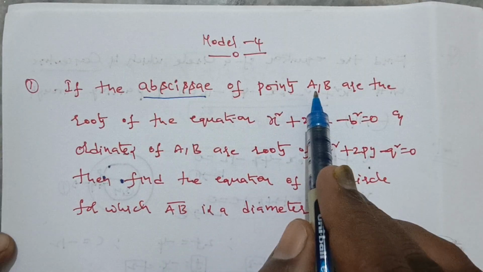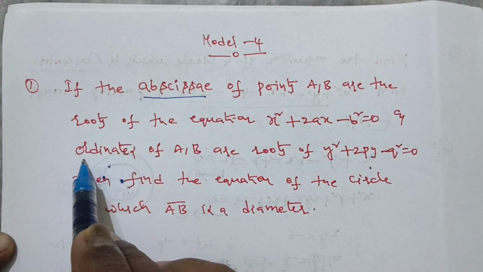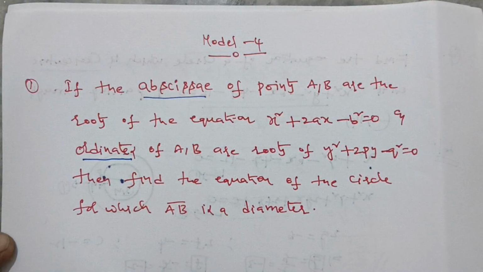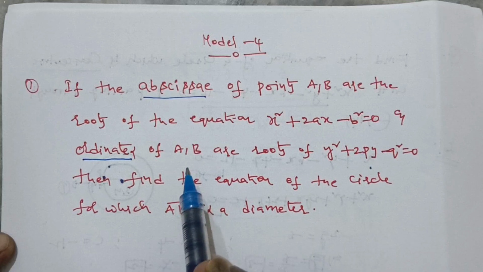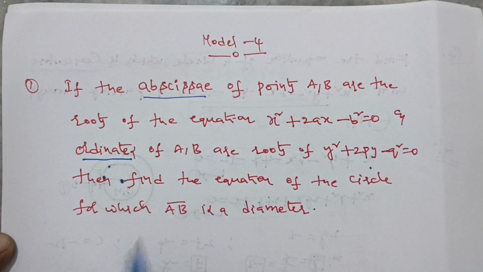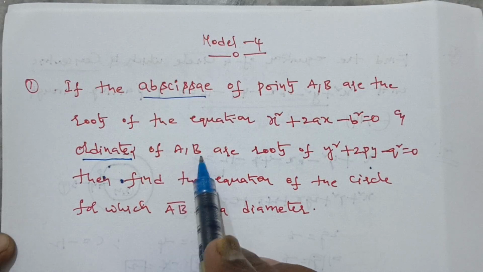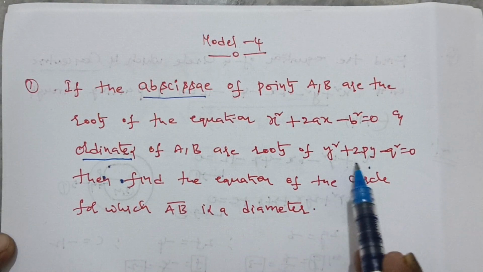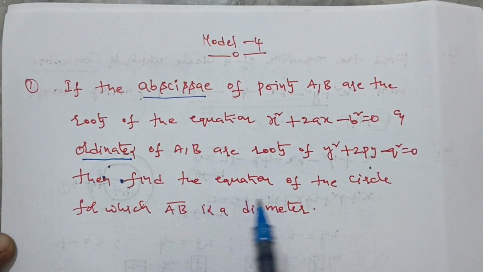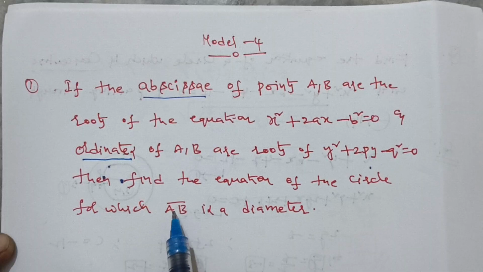Abscissa means x values of the points A, B. Here ordinates of A, B means the second coordinates of the points A, B, that means the y values of A, B are the roots of this equation. Then find the equation of the circle for which AB bar is a diameter.